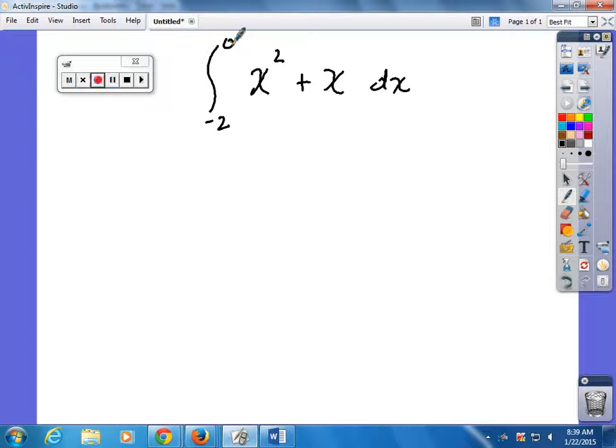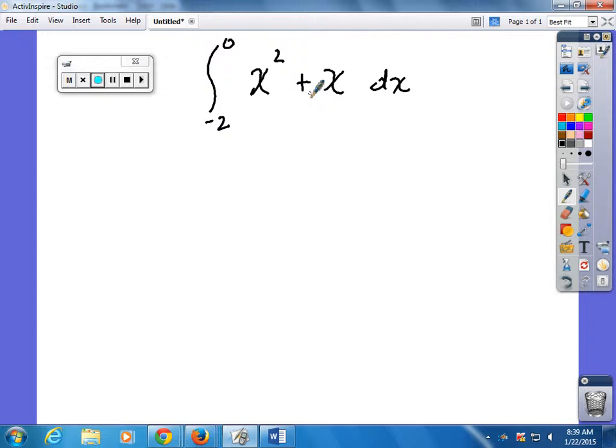So you could do this two different ways. You could go find the antiderivative of both and then do it, or you could separate it into two because of the positive. I don't care which one you do.